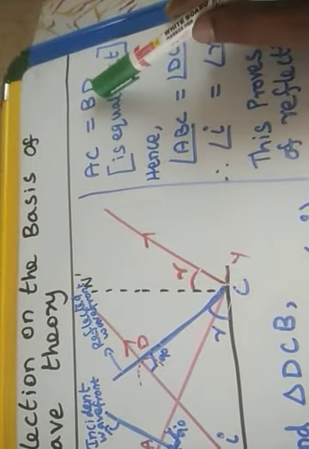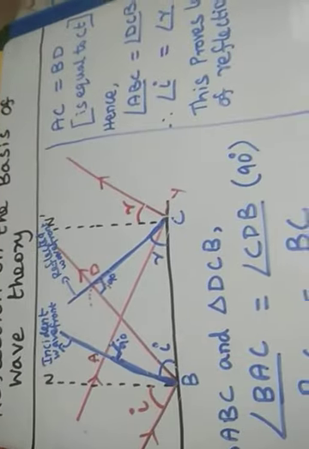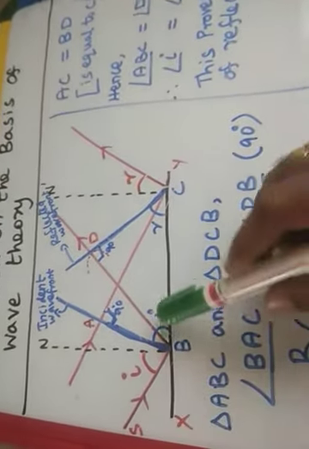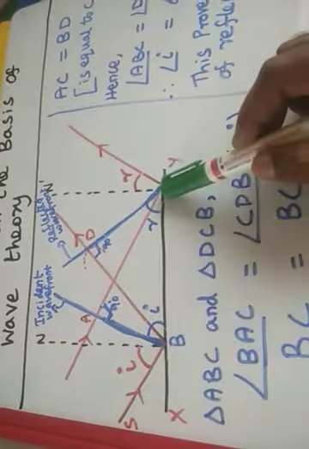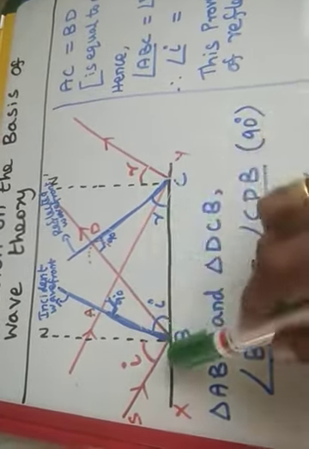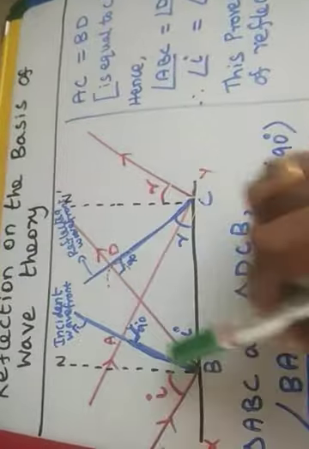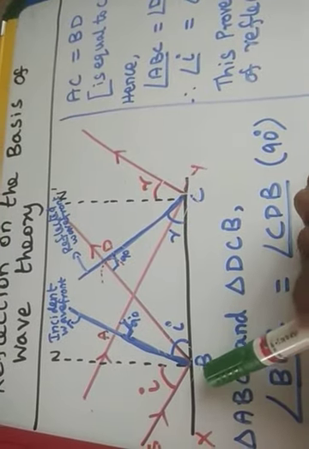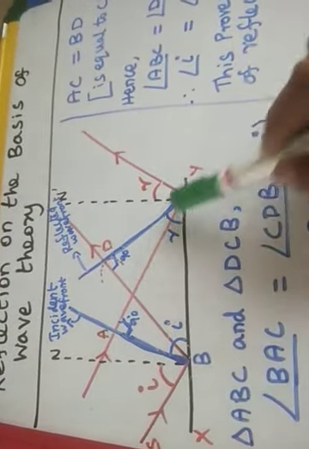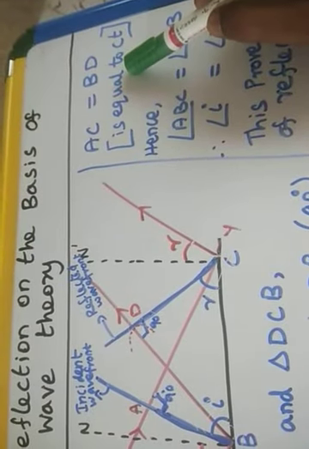So AC and BD are equal. So what does Huygens say? If triangles BAC and CDB have equal 90 degree angles, then the bases are also equal, BC, and then BD and AC are also equal.